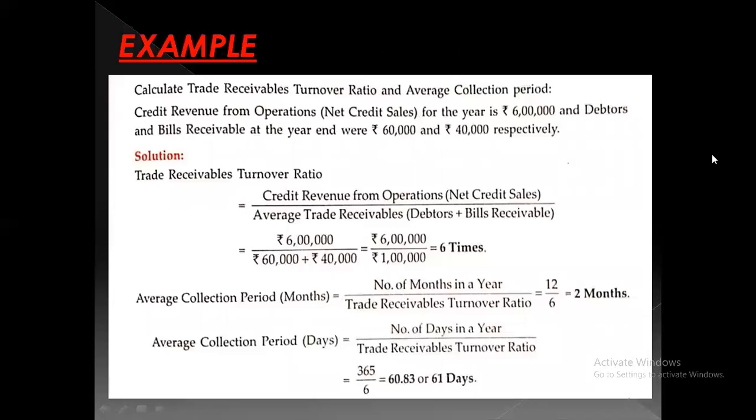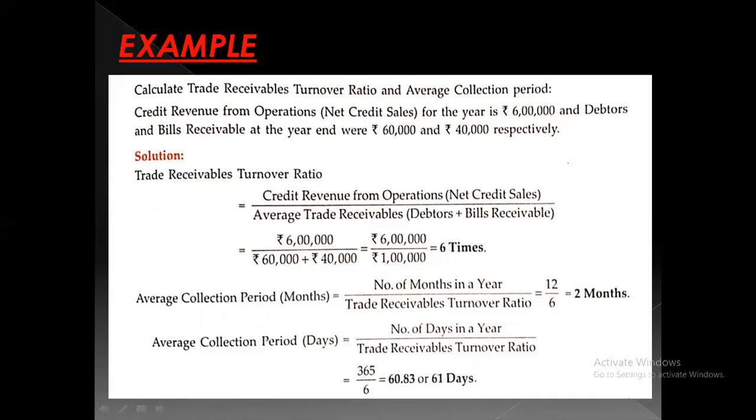Now, here we have to calculate trade receivable turnover ratio and the average collection period. Credit revenue from operation is 6 lakh. Debtors are 60,000. Bills receivable are 40,000. First, we'll write the formula. Trade receivable turnover ratio is credit revenue from operation divided by average trade receivable.